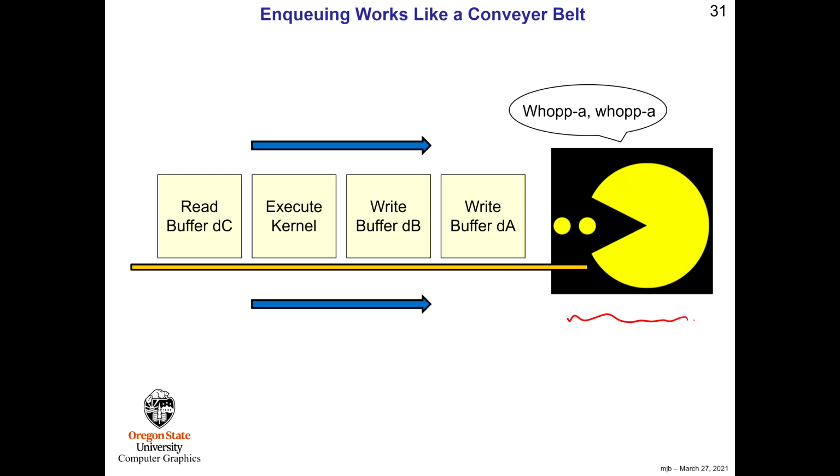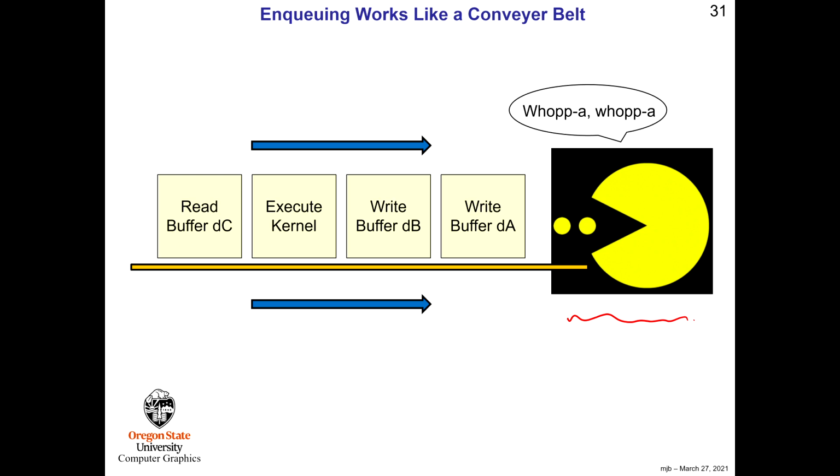The reason you do this is you don't have to wait to find out if OpenCL is ready. You just put it on the conveyor belt. Who cares if OpenCL is too busy to do it right now? It will get to it when it gets to it. Also, if OpenCL suddenly decides it's busy and has a lot of time, it can be gobbling these things up as fast as it can. So in some ways, this queuing, this conveyor belt, acts like sort of a buffer between you and OpenCL.